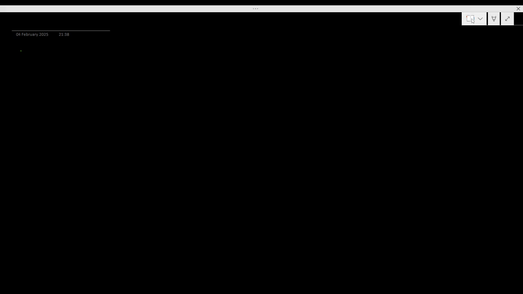For the eye lens, 1 by f is equal to 1 by v minus 1 by u.